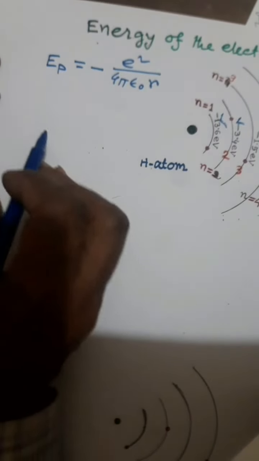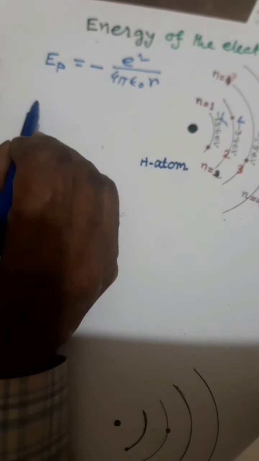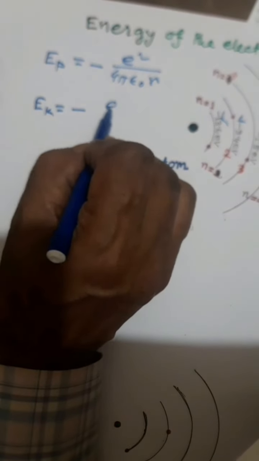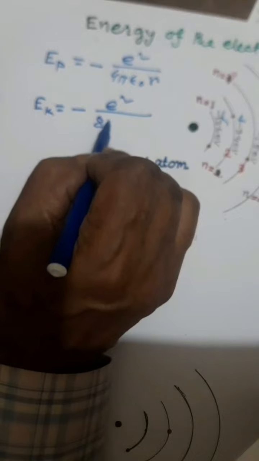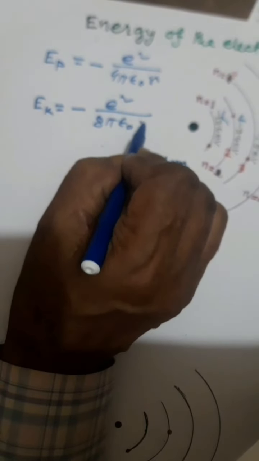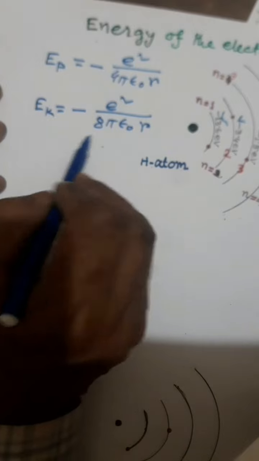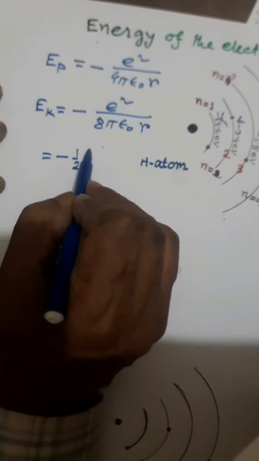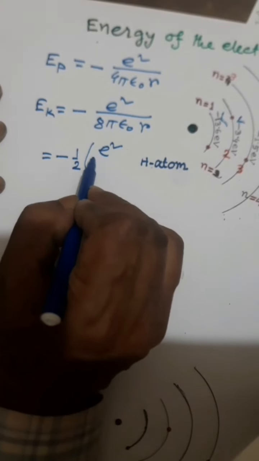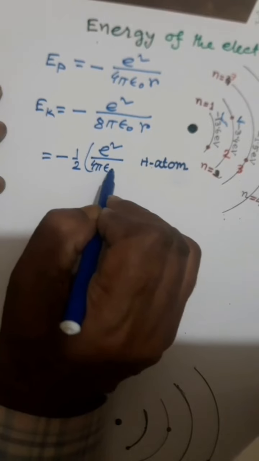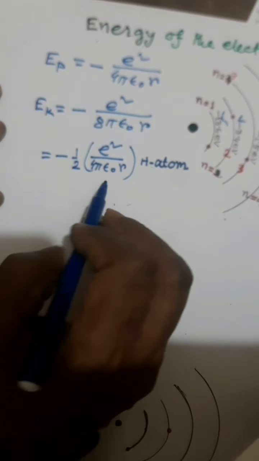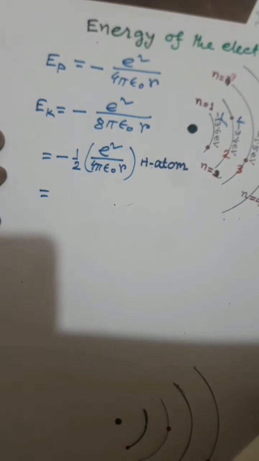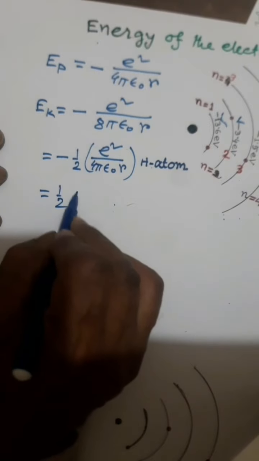The kinetic energy of the orbital electron, Ek, equal to e square by 8 pi epsilon naught r, which is half into e square by 4 pi epsilon naught r, that is half of the modulus of EP.